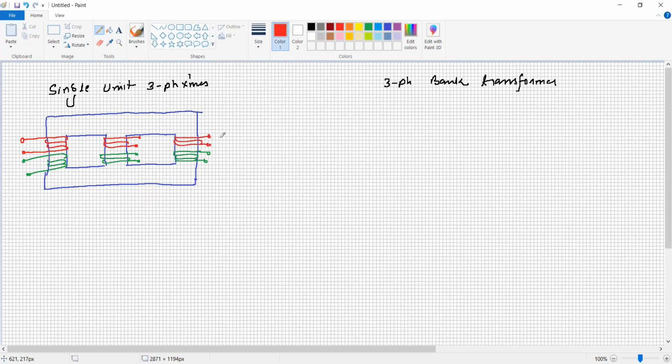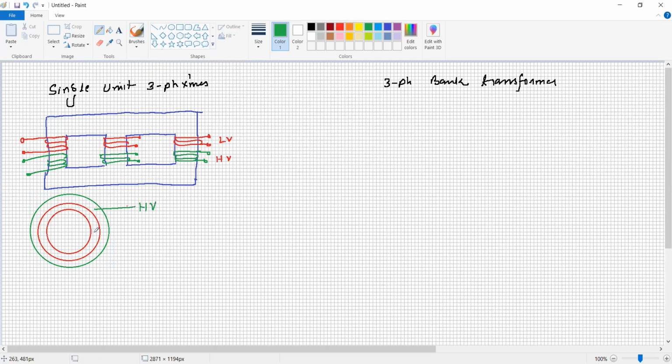If you take the top view of this transformer, this is the core, then the LV winding, and after that the HV winding.